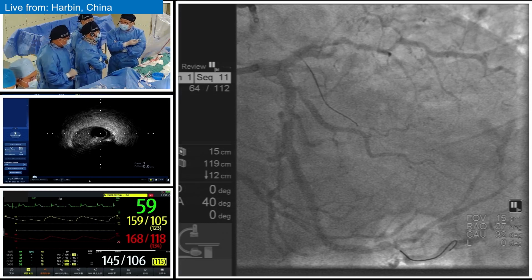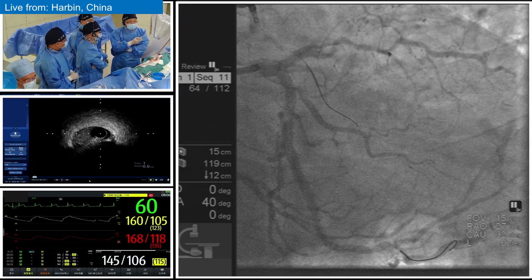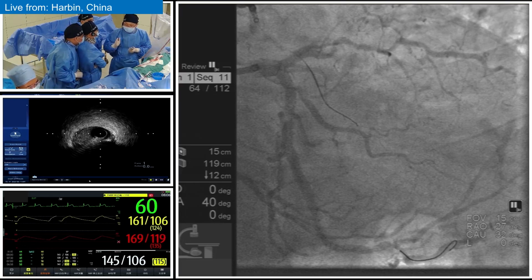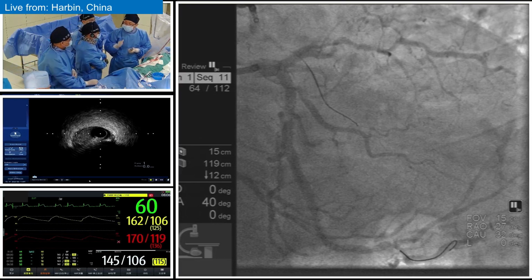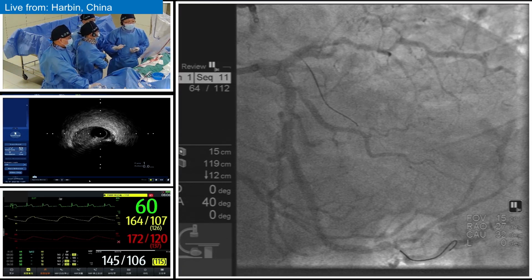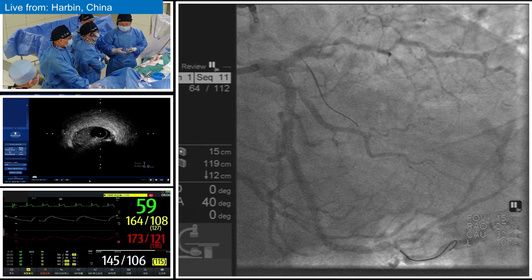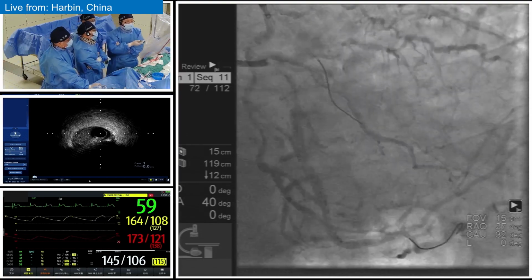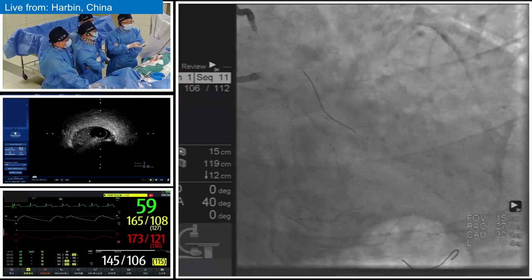So two branches may cause the wire to easily slip into the side branch, and many manipulations may cause dissection of the side branch. If the diagonal branch is injured, it may cause severe ischemic symptoms. So we must be careful.